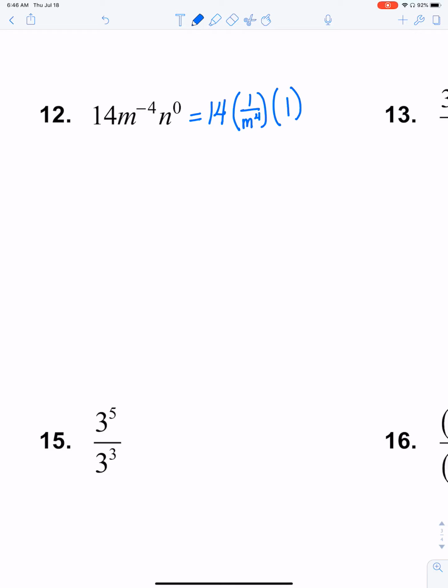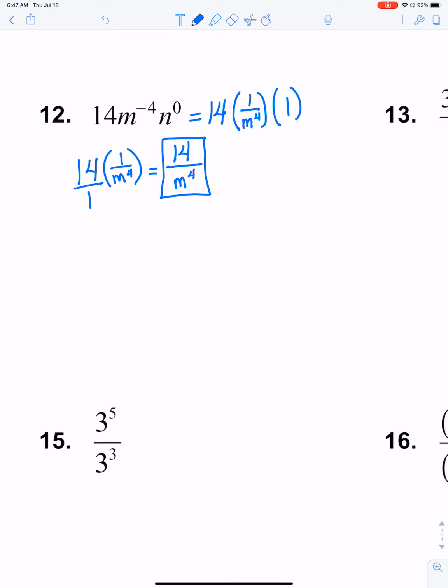So I'm going to simplify the 14 times the 1, and I'm going to make it just 14 times 1 over m to the 4th. As we did earlier, you put 14 over that imaginary 1, multiplying across the top, 14 times 1 is 14. Across the bottom, 1 times m to the 4th is m to the 4th. And our final answer should be 14 over m to the 4th.